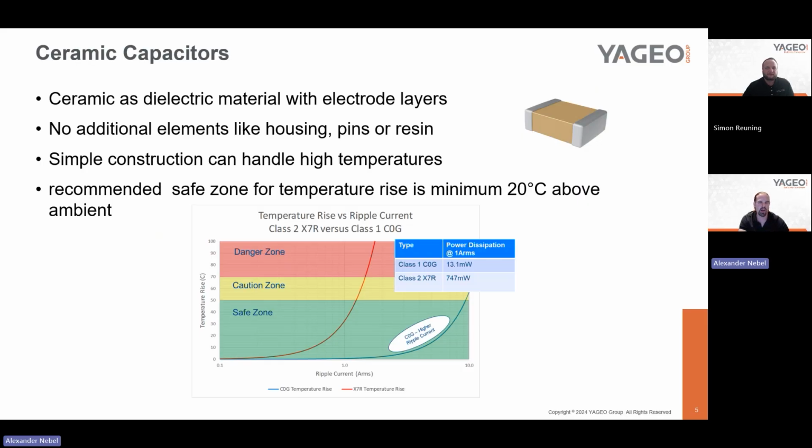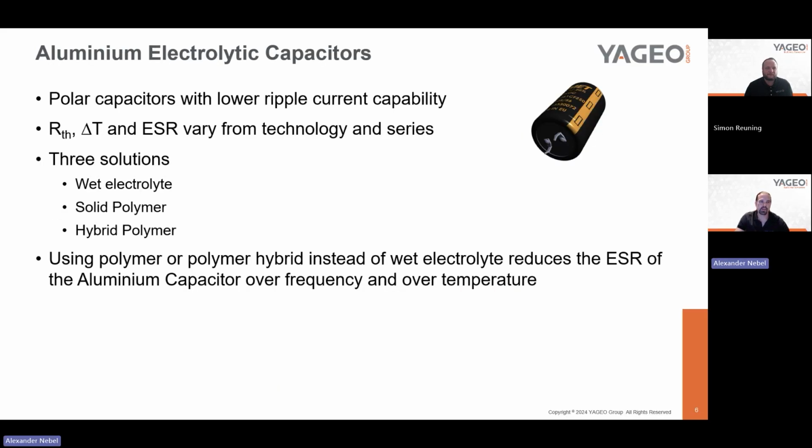The example is for a class 2 dielectric X7R versus the class 1 COG dielectric. So the thermal resistance changes when using different class dielectric, as well as the DC bias is different for class 1 and class 2. The next technology is the aluminum electrolytic capacitors.